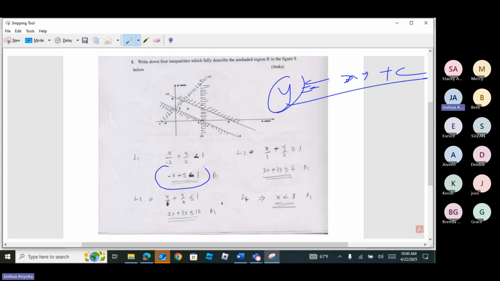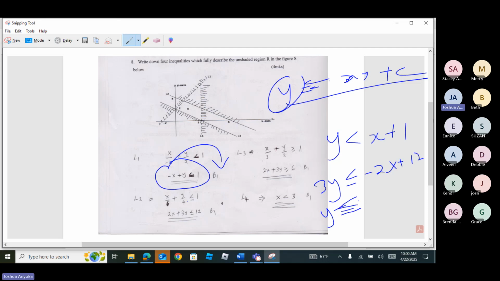Like this one will be, take everything to the other side, y is less than x plus 1. This one the same will be 3y is less than or equals to negative 2x plus 12. Y is less than or equals to negative 2 over 3x plus 4. Something like that.